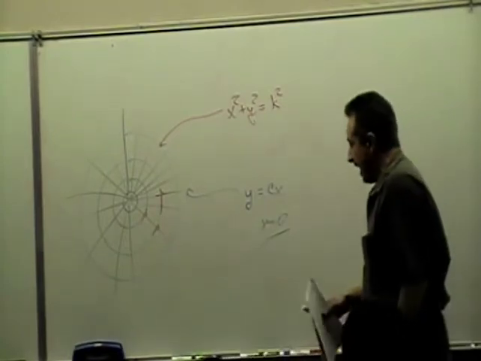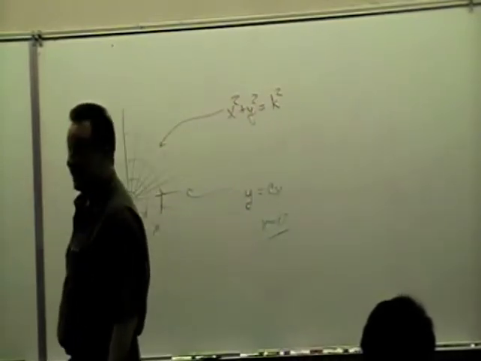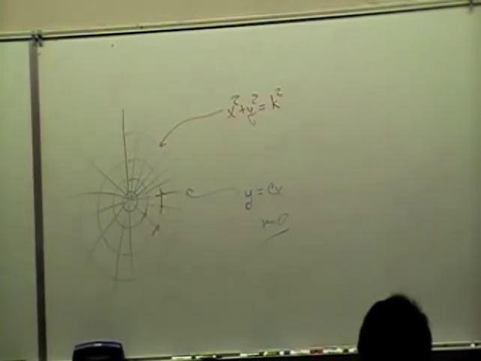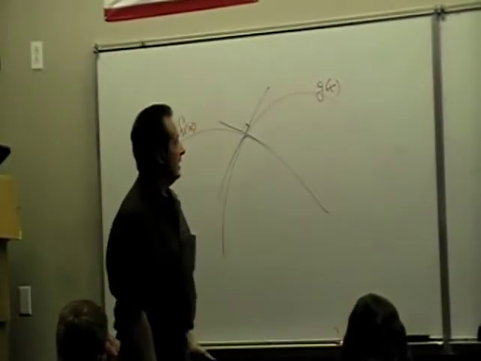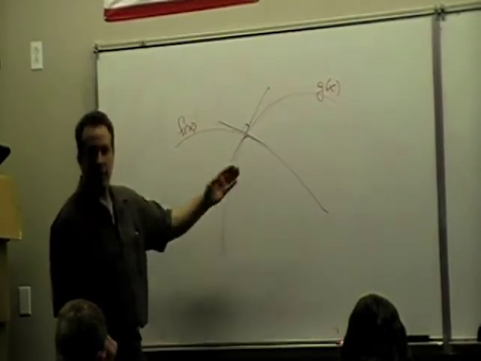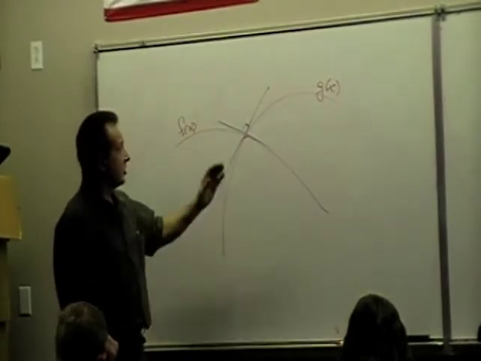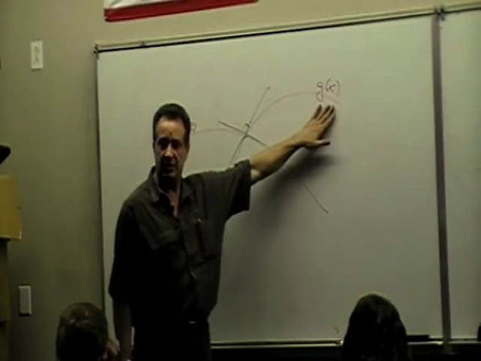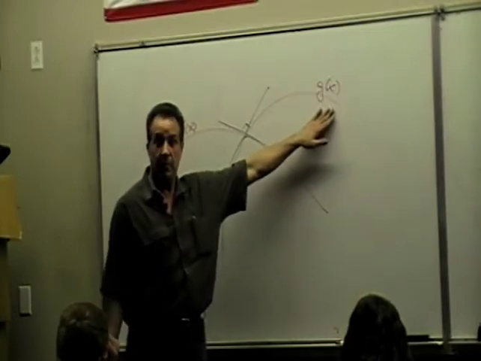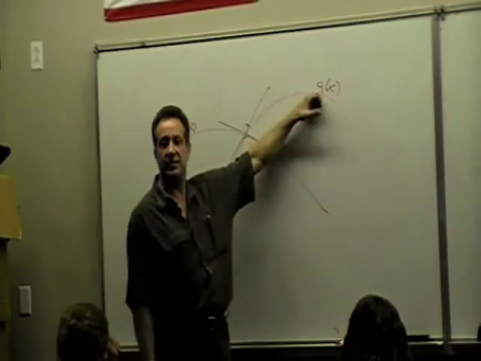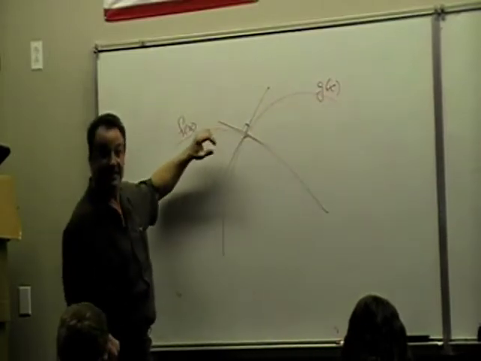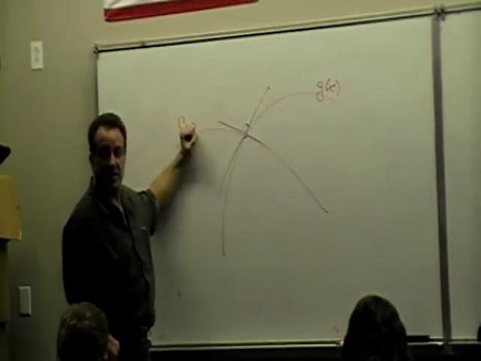Well, let's think. How would we go about mathematically testing orthogonal trajectories? If you recall from Calc 1, if they're perpendicular at the point of intersection, then the slope of the tangent line to this curve should be the negative reciprocal of the slope of the tangent line to this curve.